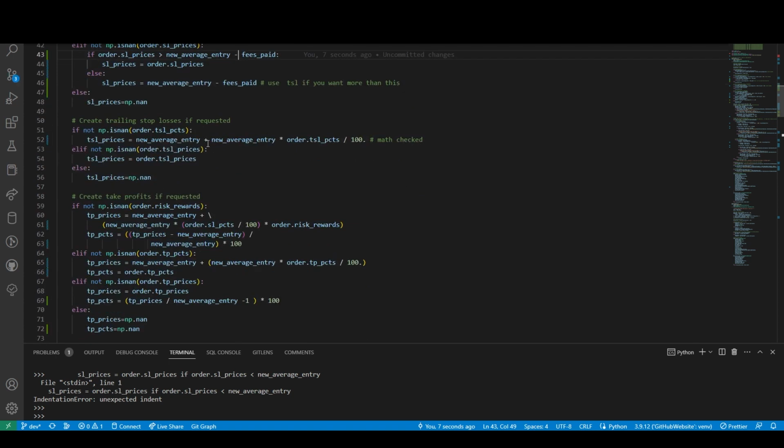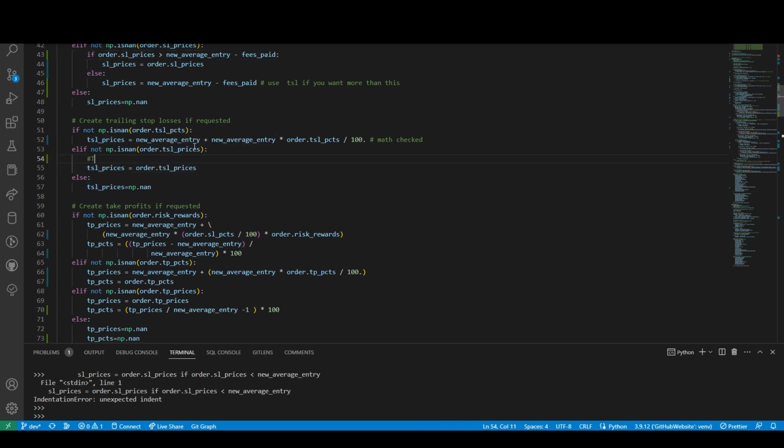All right, so here this works. To do: figure out how to check to make sure the initial stop loss price is not past the current entry.